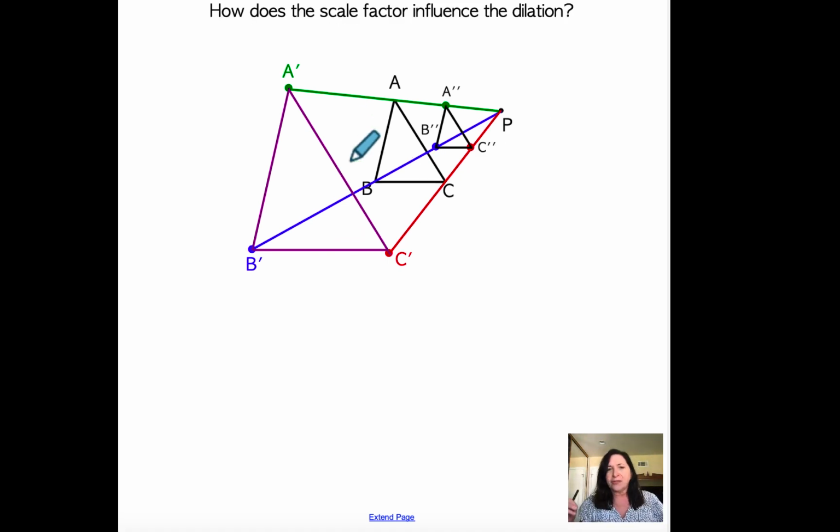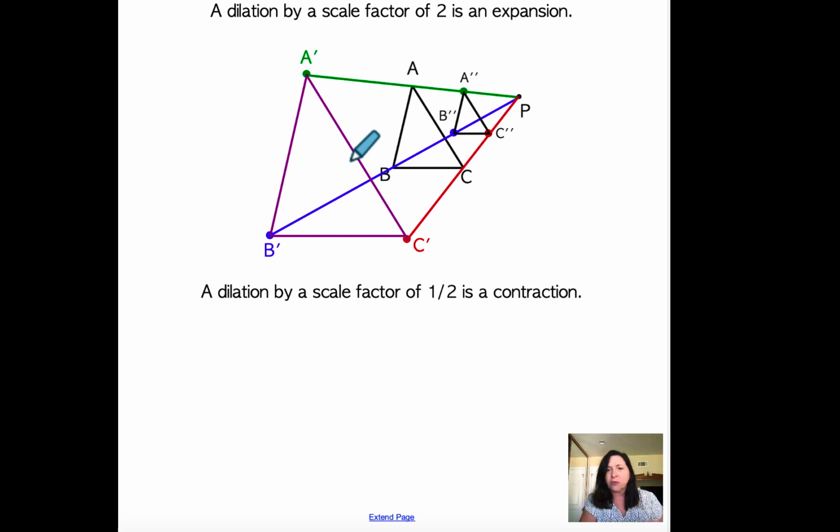Okay. Whereas, how does the scale factor influence a dilation? If you notice here that I added another triangle, and I'm calling that A prime prime, and what's gone from A, B, C is now shrunk down to A prime prime, B prime prime, C prime prime, and what that is right there is what we call a contraction or a reduction, because we've reduced that value by a half.